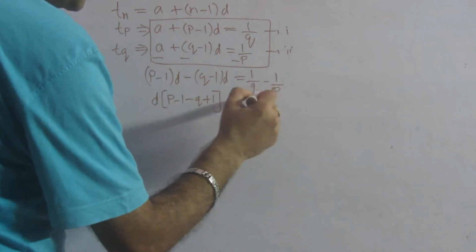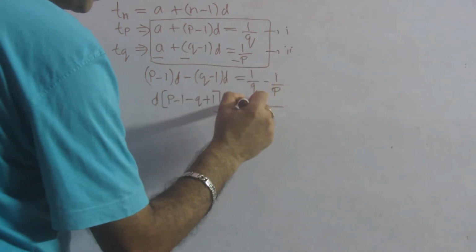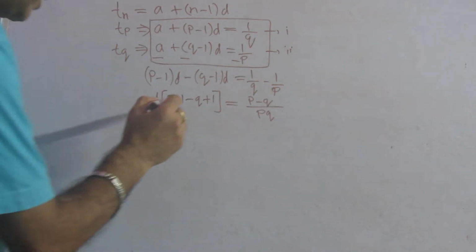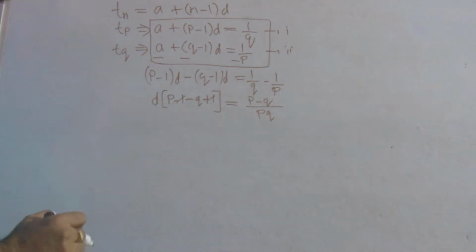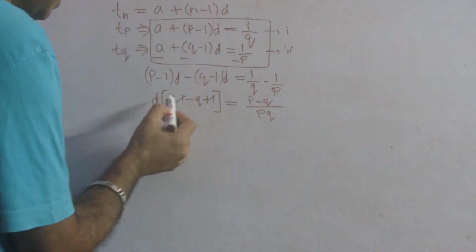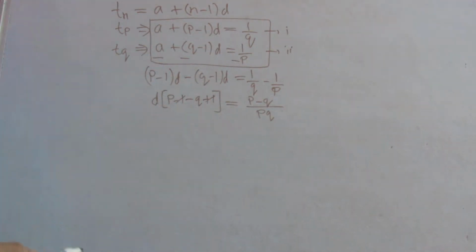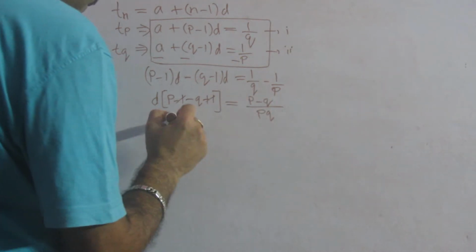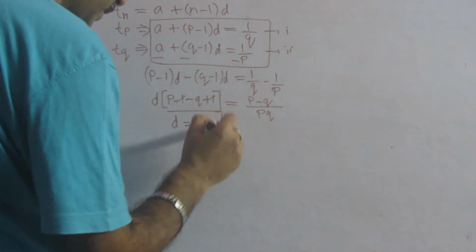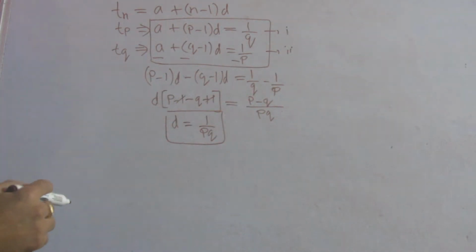And here we take LCM, make it pq, so it becomes p here and q here. Now this minus 1 and plus 1 will cancel each other. So what we get is d into (p minus q) equals (p minus q) over pq, which gives us d as 1 over pq, because p minus q and p minus q cancel each other.